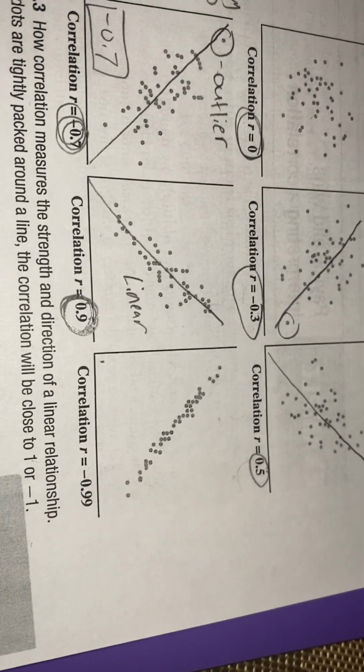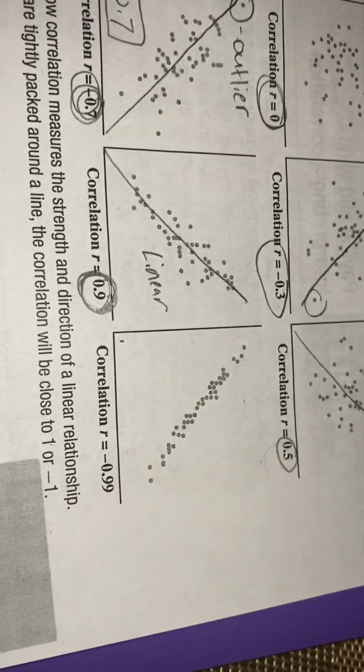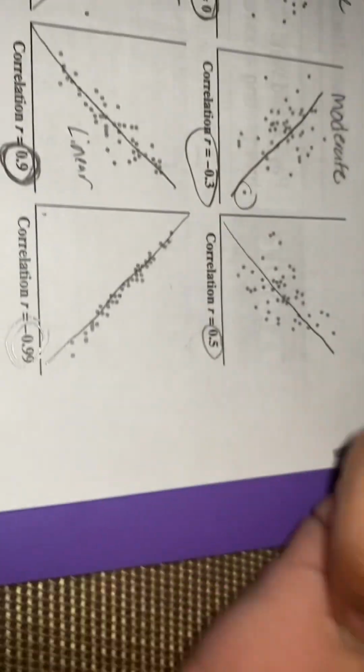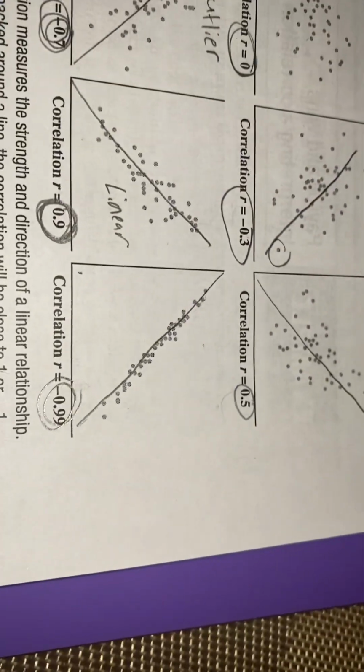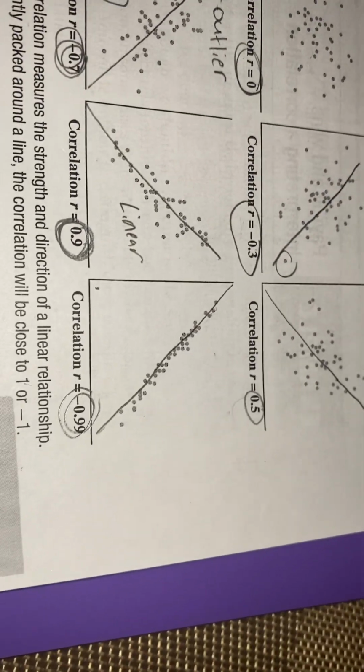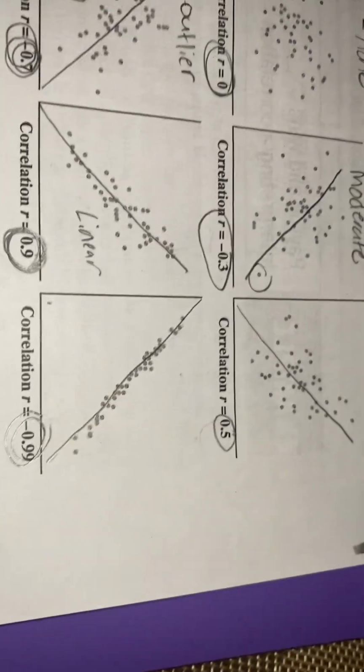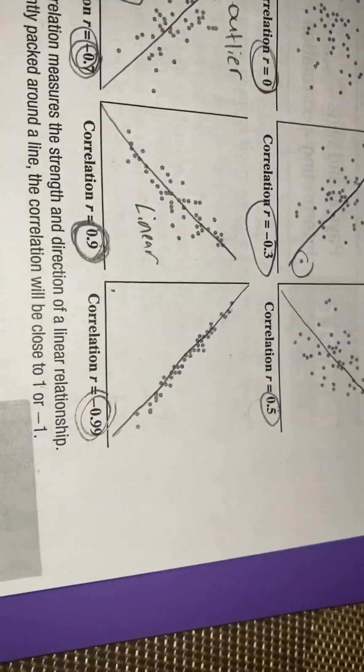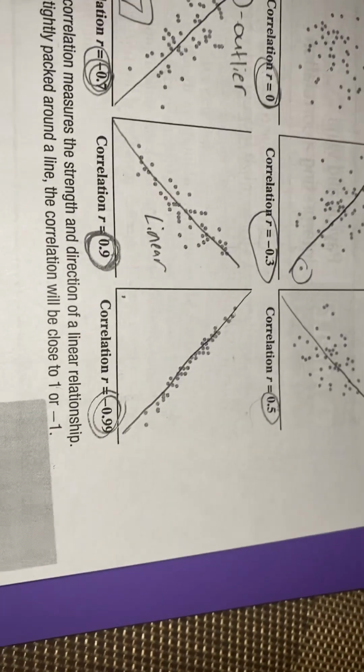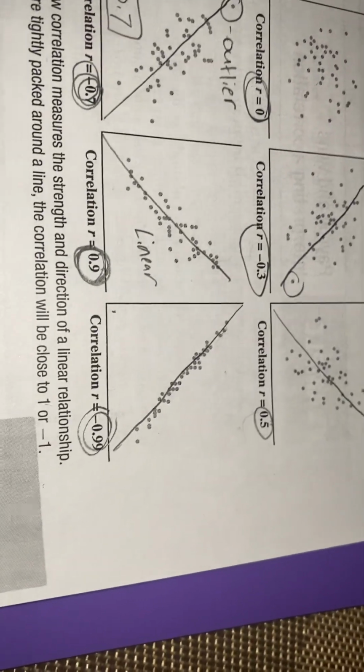For the last graph, we can see that the direction is actually negative. Again, it's already here for us. And let's say we wanted to draw a line. This one is most clearly heading in a downwards direction, which would make it negative. Unusual features: again, this one is really like a line. There isn't really much wrong with it.